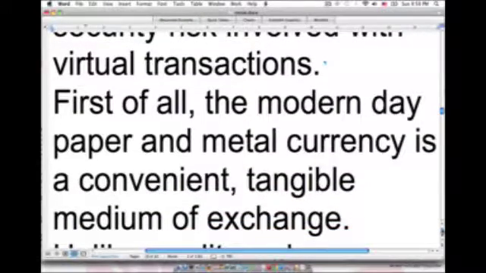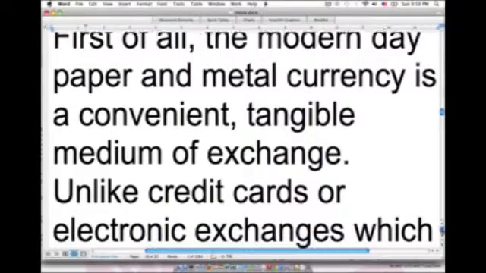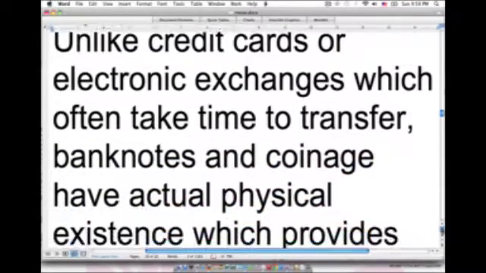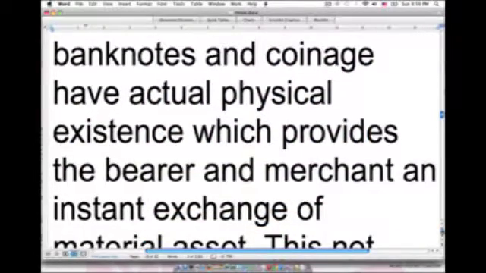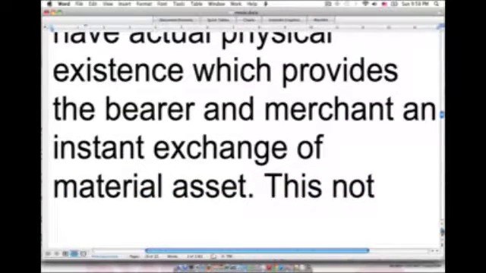tangible medium of exchange. Unlike credit cards or electronic exchanges, which often take time to transfer, banknotes and coinage have actual physical existence, which provides the bearer and merchant an instant exchange of material asset.